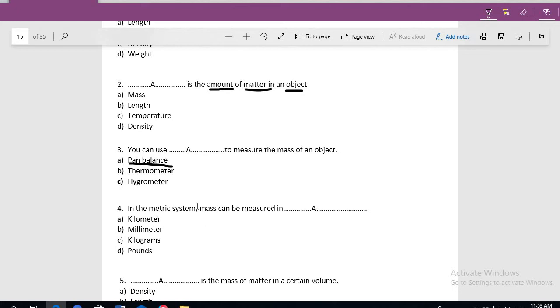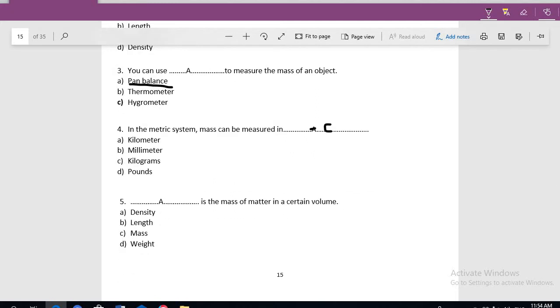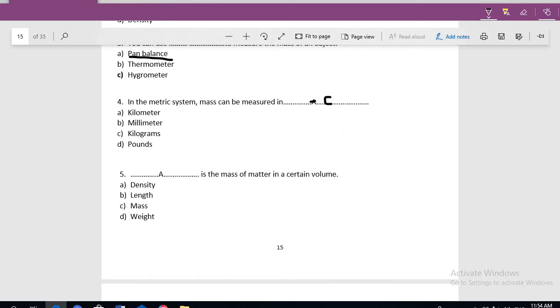In the metric system, mass can be measured in kilograms. For example, 1 kilogram of banana, 2 kilograms of banana, 2 kilograms of apple.